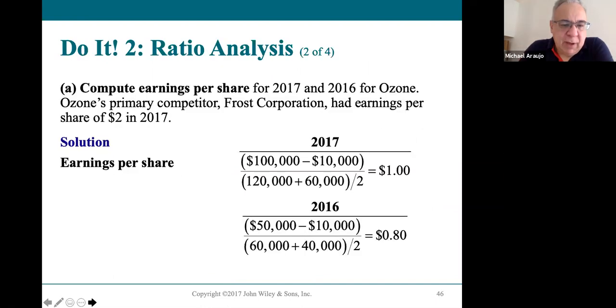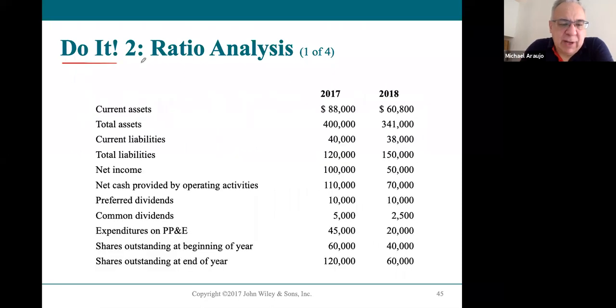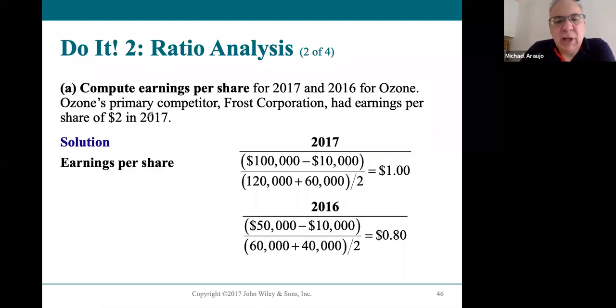Okay, so here you have Do It exercise number 2 in your book, ratio analysis examples. Look at all of these wonderful categories. Okay, remember that's where you have those ratios. So the first thing they want you to do, compute earnings per share.